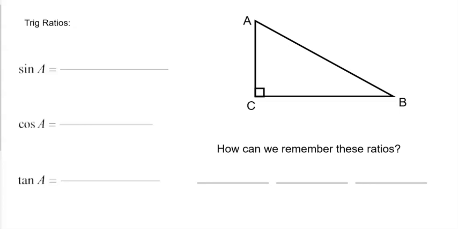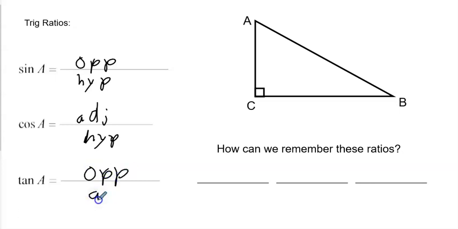The sine of A is opposite over hypotenuse. Cosine is adjacent over hypotenuse. So they both have that in common. And then tangent is opposite over adjacent.